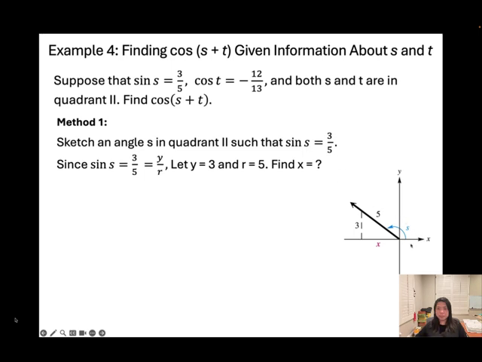Sine S, talking about this angle, sine will be opposite over hypotenuse. So that's a 3 and 5 here. Now we want to find out what x is. Remember the Pythagorean theorem. Plug it in.